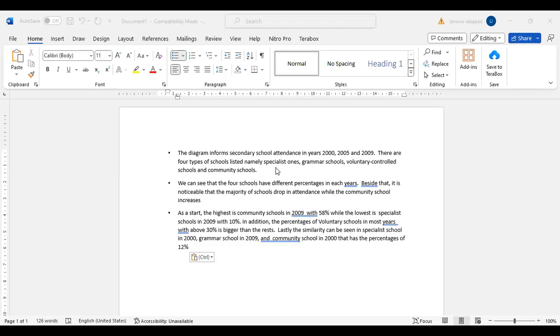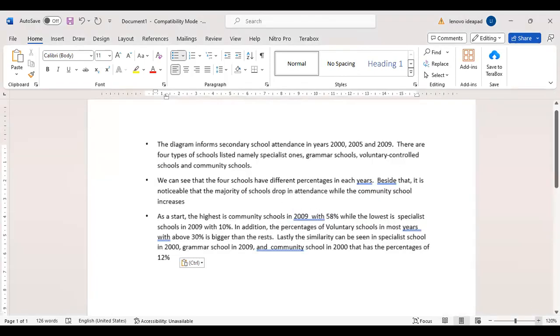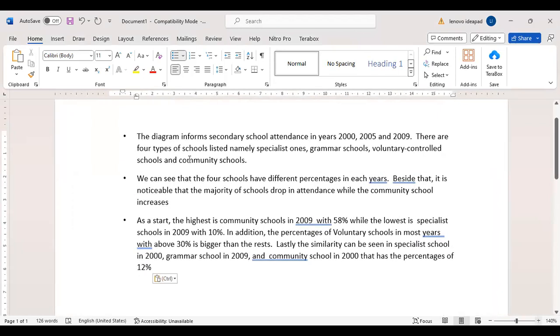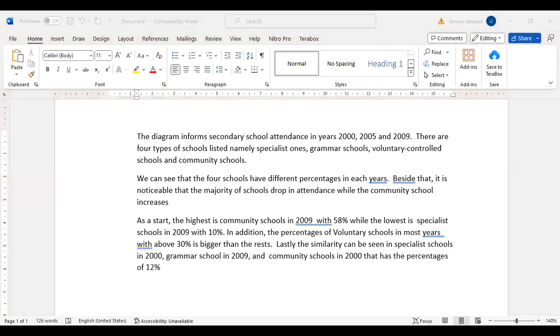There it is. I'll zoom it in. Can you see the text on your screen? Thank you.